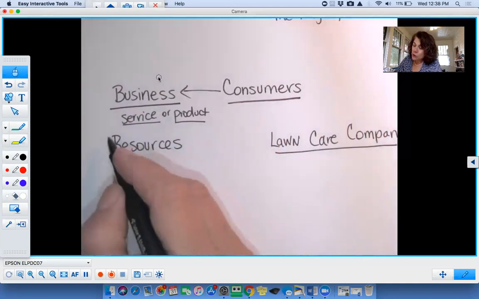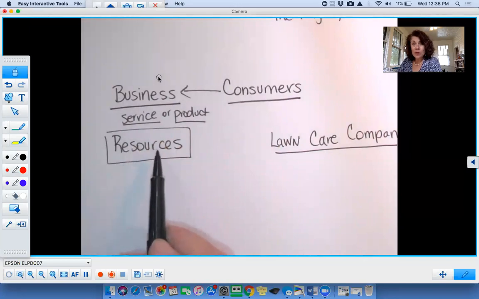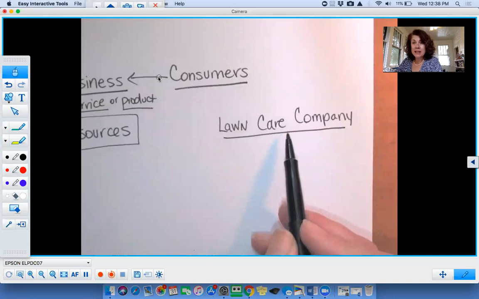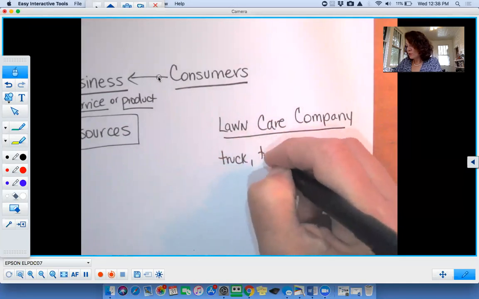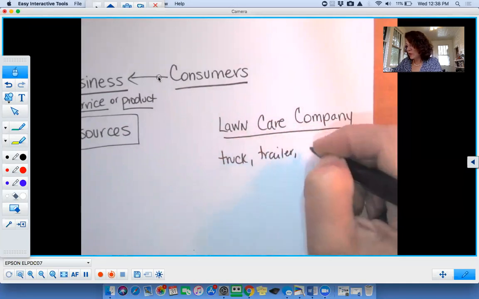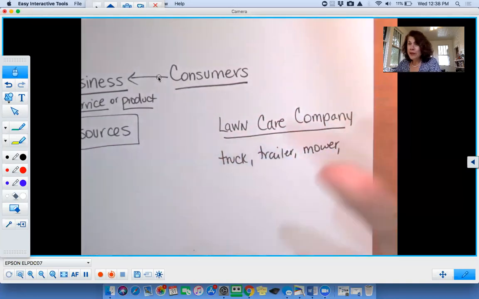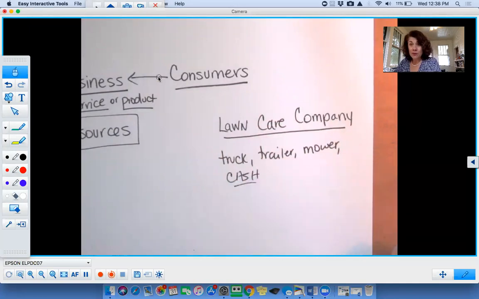Now, businesses are going to need resources in order to get started with their business. So I want you to think for just a minute about a lawn care company. A lawn care company, if you wanted to start that, you would need a truck, a trailer, you would need a mower, you would need other equipment like a weed eater, things like that. And you would also need cash to buy gas for those things, right?